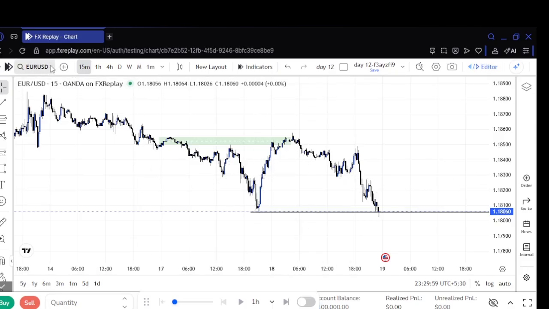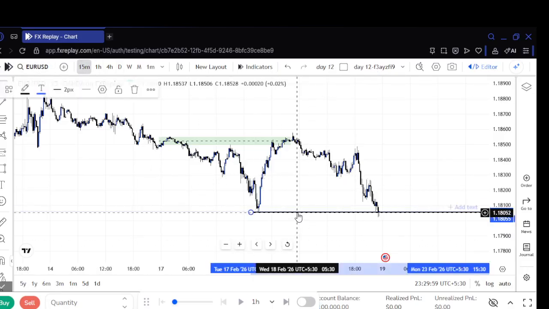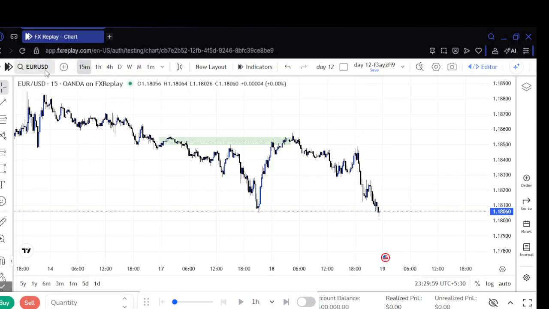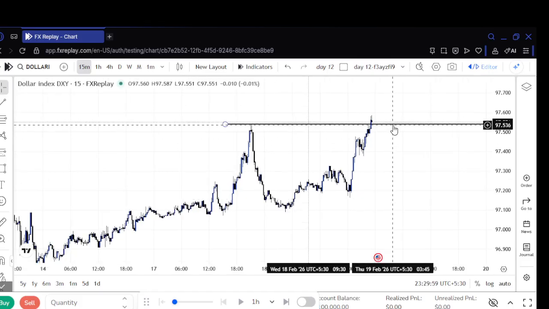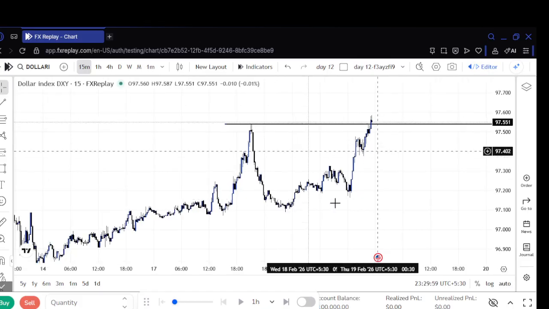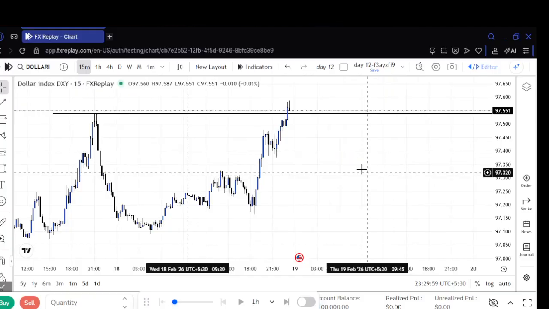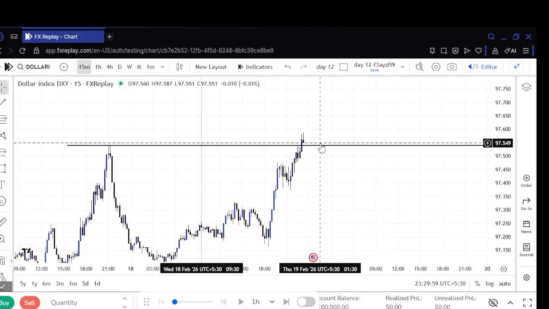Okay, we missed the entry here. Now we are going to go for the DXY. As you see here, our DOL has been attacked, and the liquidity has been taken here.